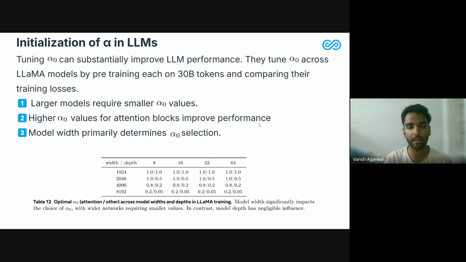So they decide to have different alpha naught values for the other layers, like the feed forward layers, and alpha naught values specific to the attention layers. Larger models require smaller alpha naught values, and model width primarily determines alpha naught selection. As we can see from this table, they've got various width and depth sizes and the variation of alpha. This one's attention and this one's other.